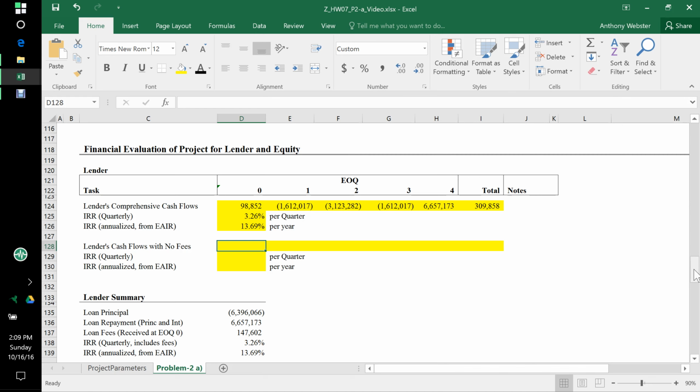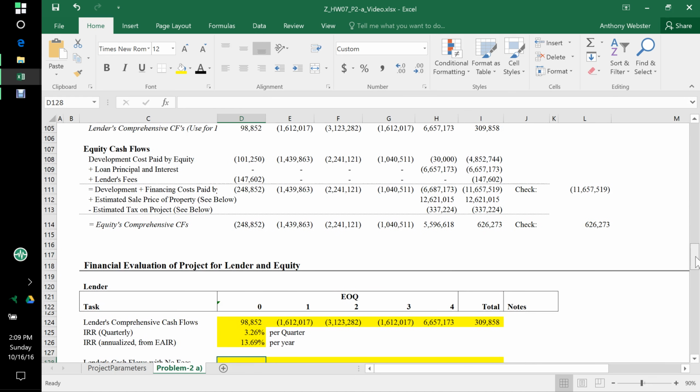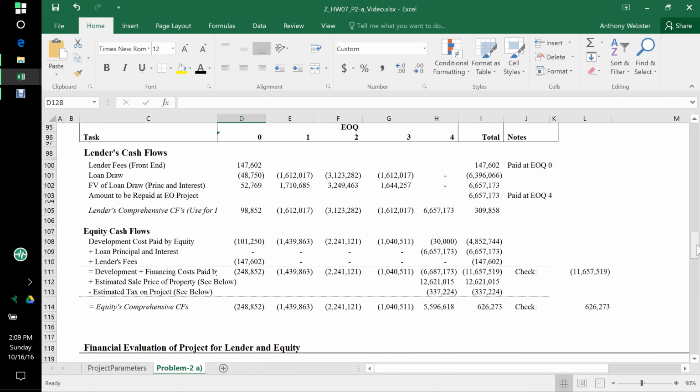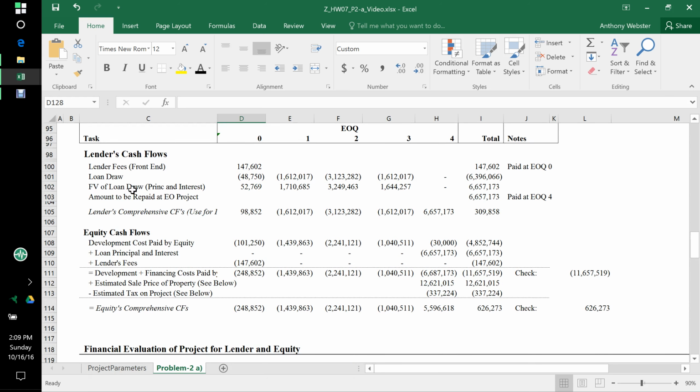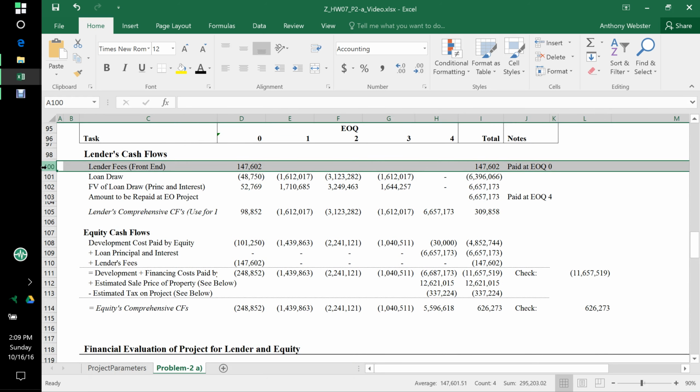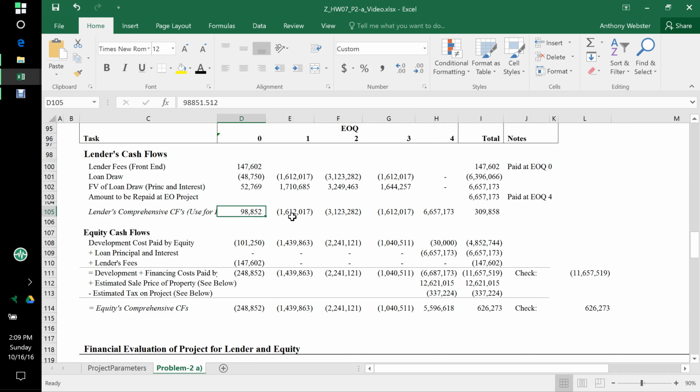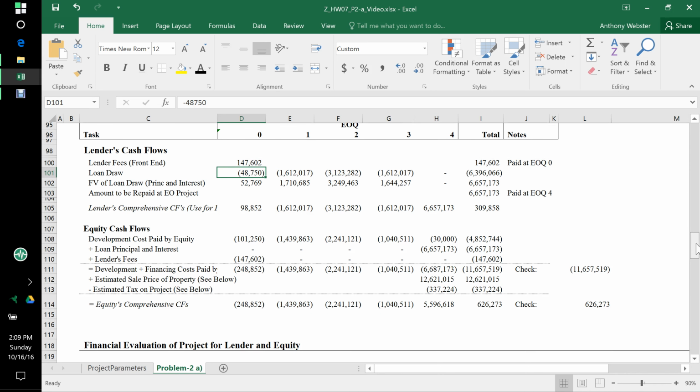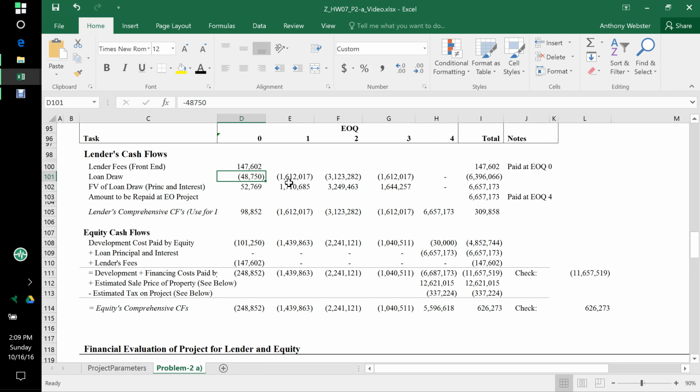Okay, let's go down to the next part, which is the lender's cash flow with no fees. And so now we have to think a little bit. We can't use the lender's comprehensive cash flows because that includes the fees. But I want everything but the fees, which in this case could be 98,852 minus this, or we could just notice here that in this case it's the loan draw.